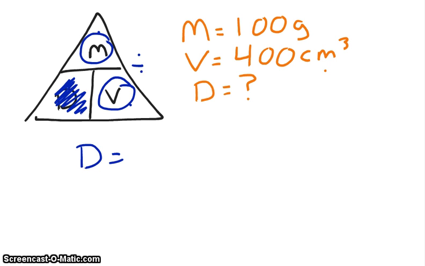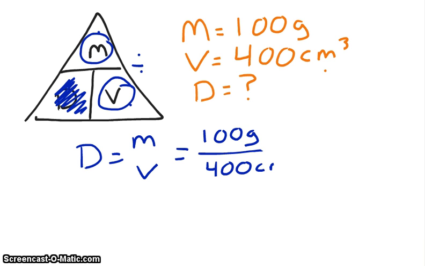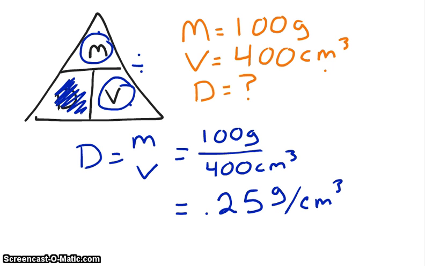So if density is mass over volume, and my mass is 100 grams, and my volume is 400 centimeters cubed, then I'm going to get a density of 0.25 grams per centimeter cubed. Don't forget units, don't forget to show your work.